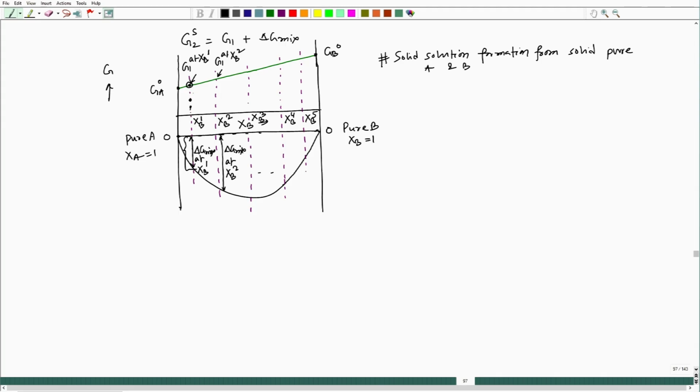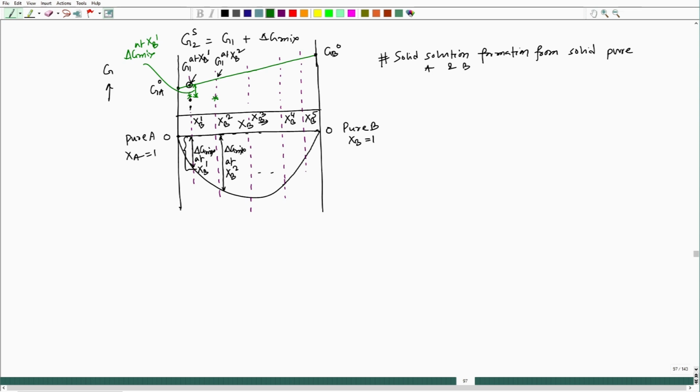If you see those points, let us reflect those points. This point is coming here. So, this quantity is nothing but delta G mix at XB1. Similarly, here let us say it comes here.